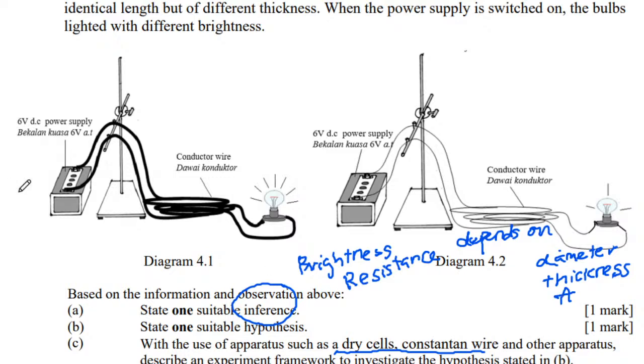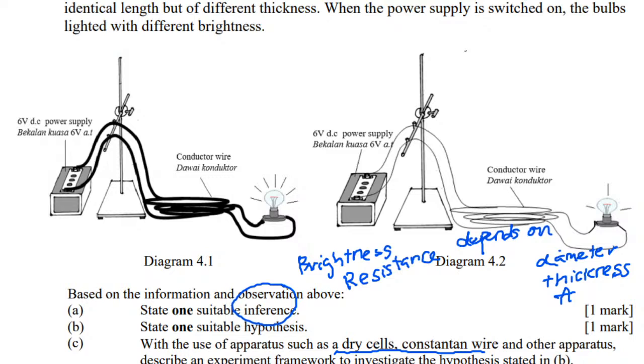Okay, so I read the chat box lah, tengok jawapan. Alright, Vincent, correct. Resistance of wire depends on diameter of wire, correct. Theo, resistance of current depends on diameter of wire. So we normally use resistance of the conductor. Okay, resistance of the conductor. And then Jasmine, brightness of bulb depends on the diameter of wire.